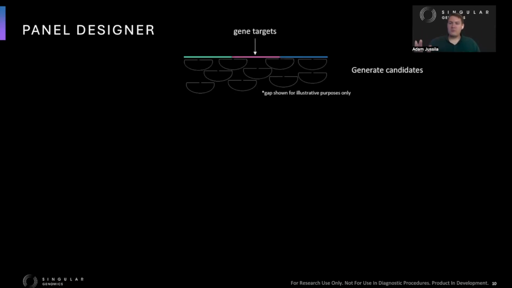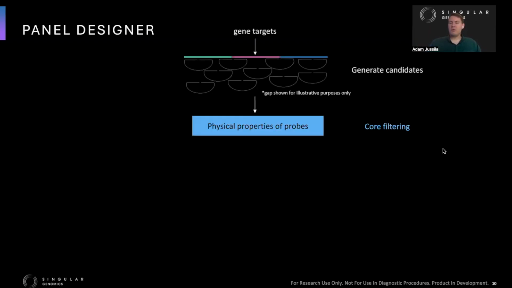These cover all possible sequences across each of these genes with little or no filtering on the first pass. We then perform core filtering, identifying sequences which will perform well in our specific G4X chemistry, allowing us to filter for things like GC content, melting temperature, and so on.